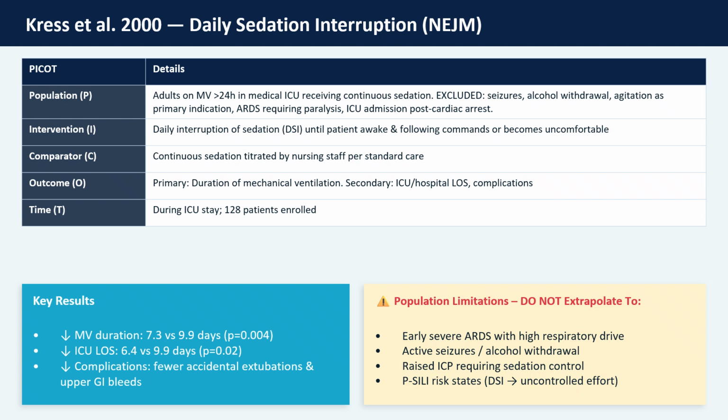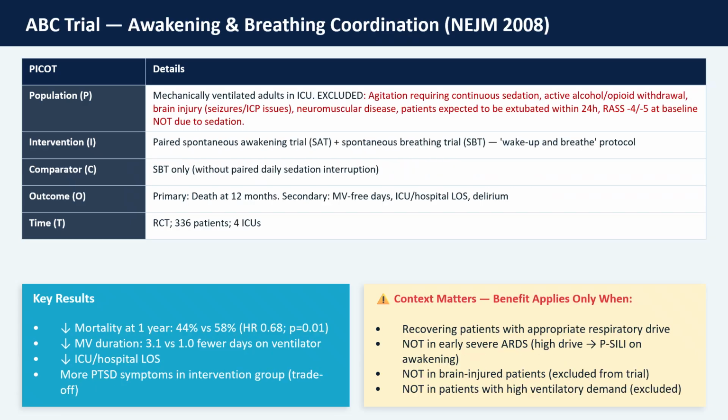This is not for those patients, and you can actually see that the studies have excluded patients with early severe ARDS, patients with alcohol withdrawal, patients with seizures, and patients with raised ICP. So these are the patients who are excluded from this study.